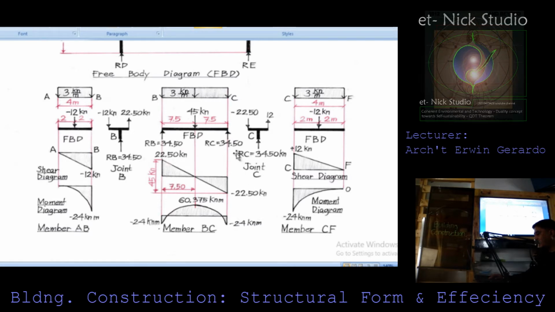And eventually, if you look at this, the sign convention again is negative 22.5. That is why we need to transfer the value here, which is actually negative. In that way, we are able to solve already the shear diagram of this simply supported beam, which is negative 22.5. So it is very important that we also consider the symbol for it.